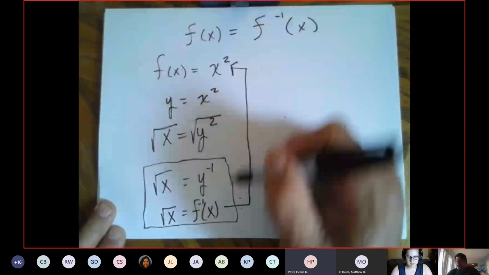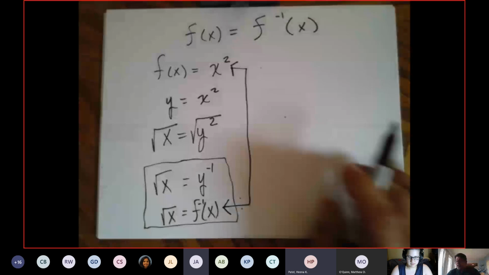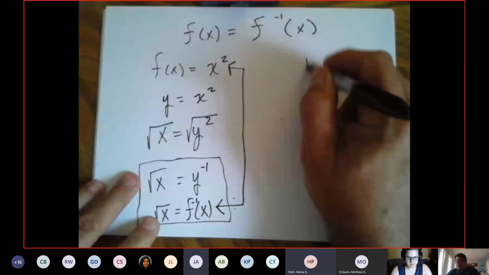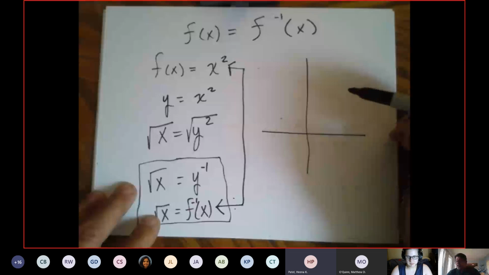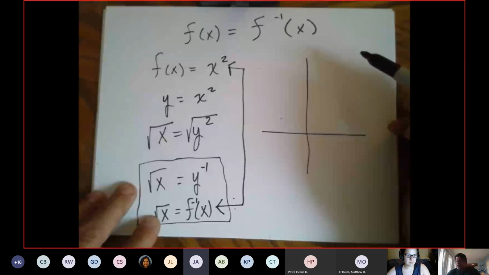So if you graph x squared, there's y is equal to x squared. And the inverse function, I'm going to do it in red, is the hyperbola. And what do they have in common?